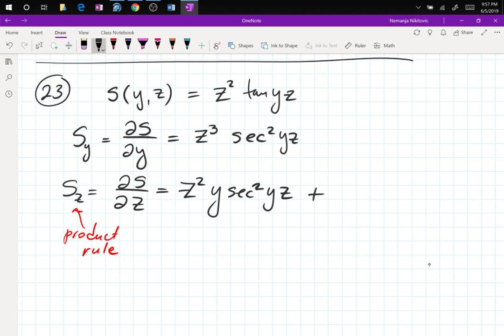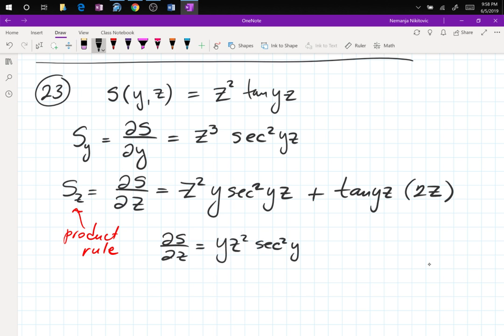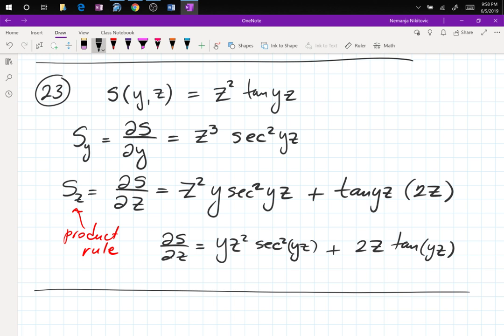Plus, copy the second, which is tangent yz, times the derivative of the first, which is 2z. If you want to clean this up a little bit, you can. It starts with yz squared secant squared of yz as the argument, plus 2z tangent yz. And that would be the partial derivative there in its simplified version. Yes?